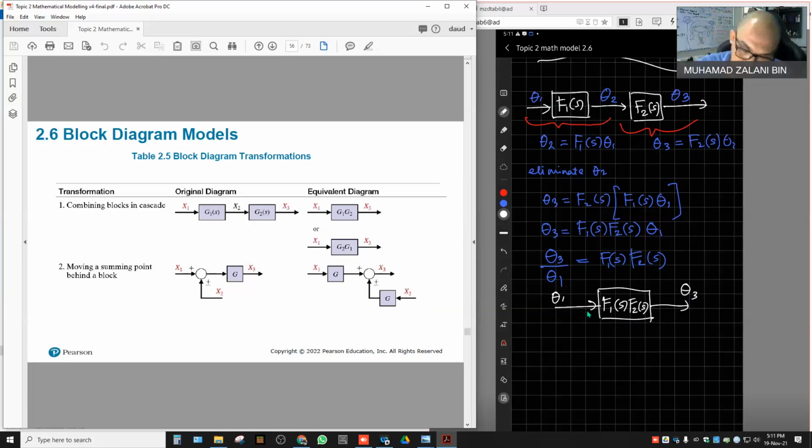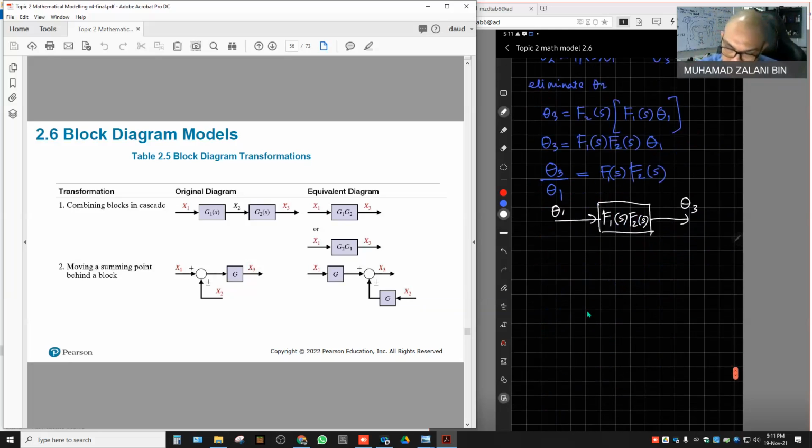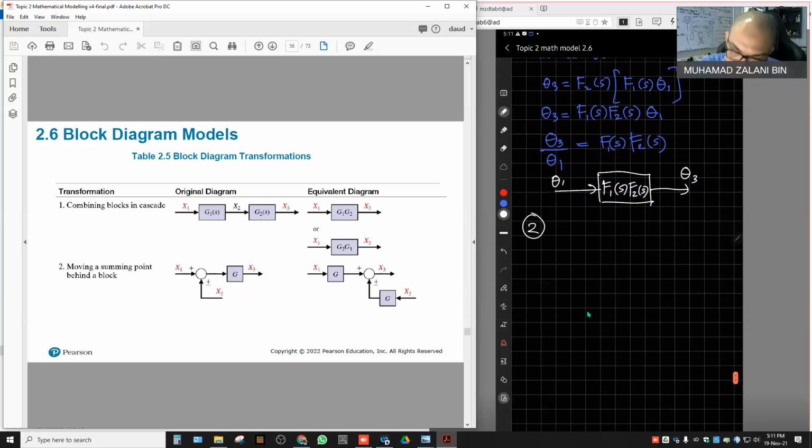Okay, number 2. So this is number 1. How about number 2, if I have a parallel block with a summing point? I have theta 4 here as the output, and the output from the first block is theta 2.